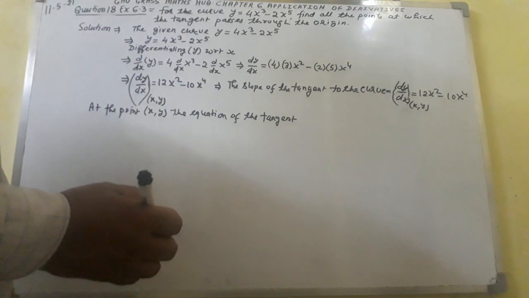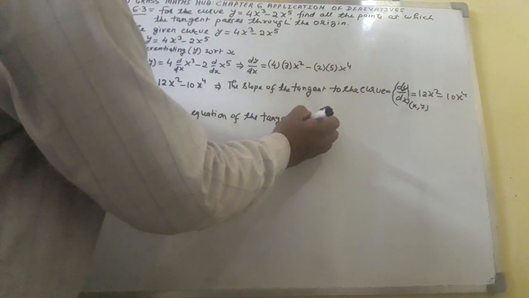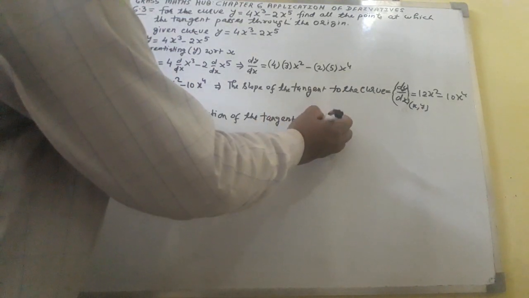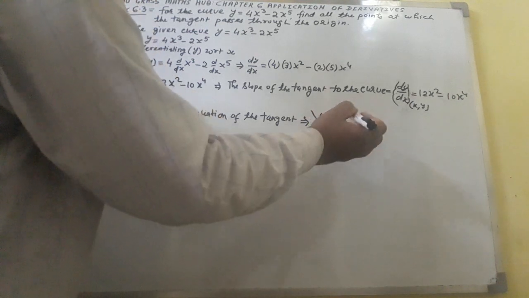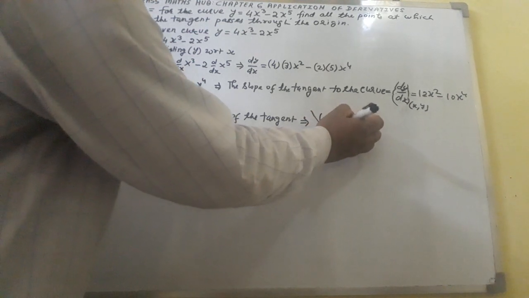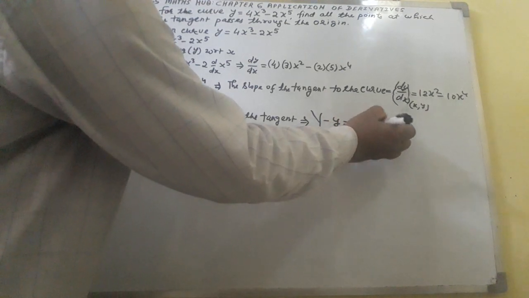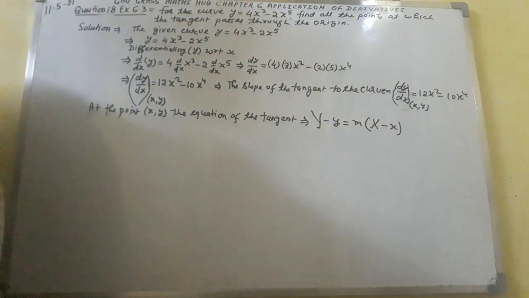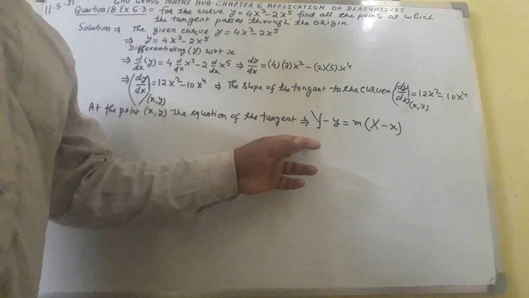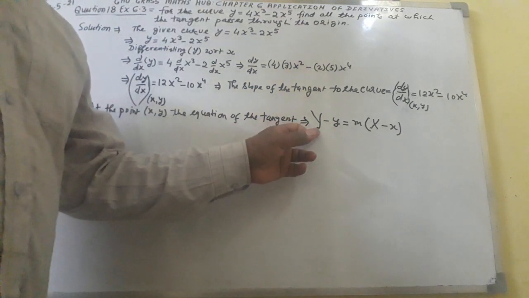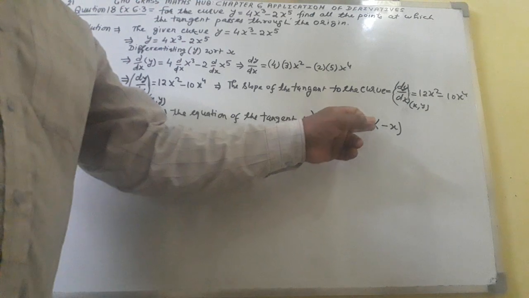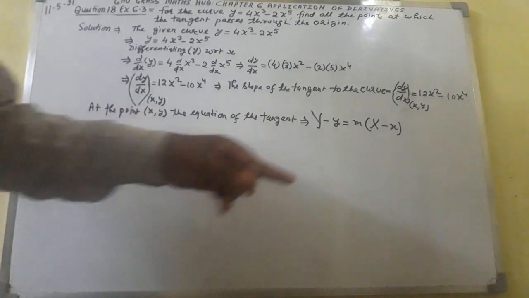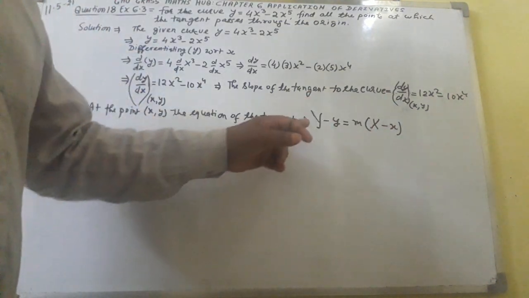At the point (x, y), the equation of the tangent is Y minus y equal to m times (X minus x). This is the general equation of the tangent, Y minus y1 equal to m times (x minus x1). So here at the point (x, y) I have maintained this.